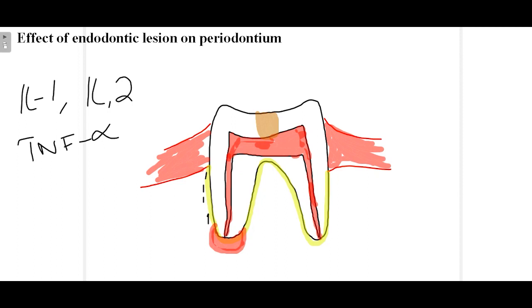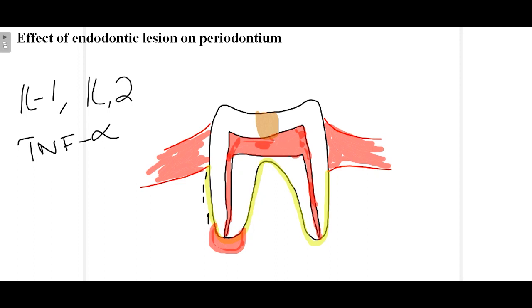So when it cannot be tolerated, hypoxia is created, and this favors the anaerobic bacteria, and this leads to promotion of the pathology, and from that pathology a periapical lesion occurs. From the periapical lesion, the bacteria travel upwards towards the periodontium, affecting the gingiva, the cementum and the bone.